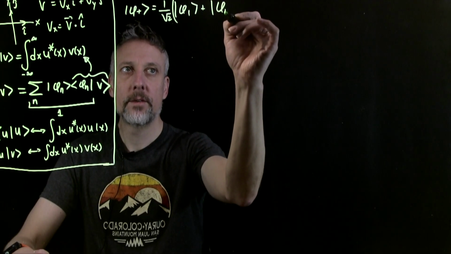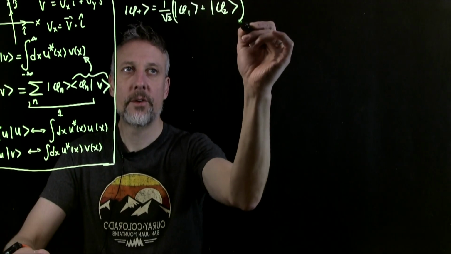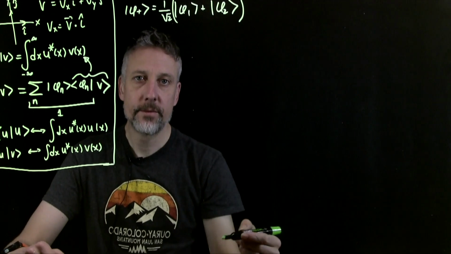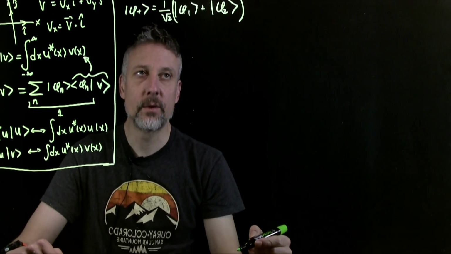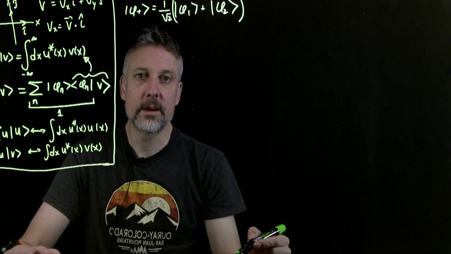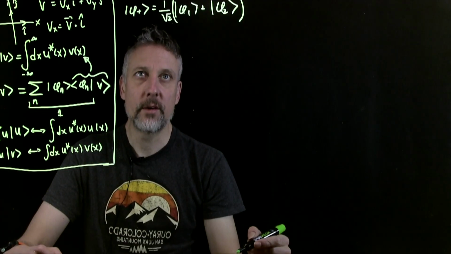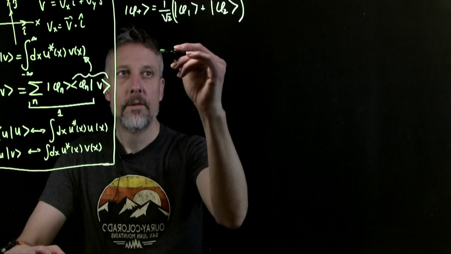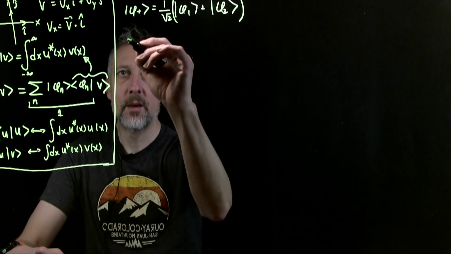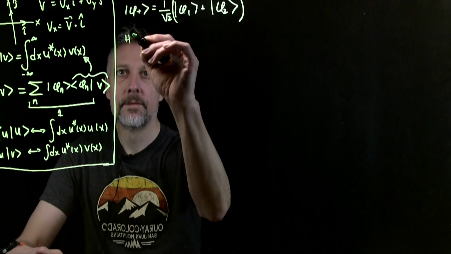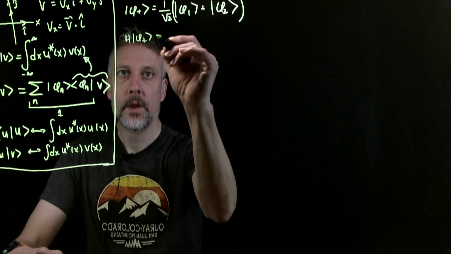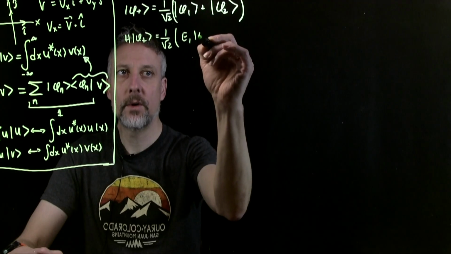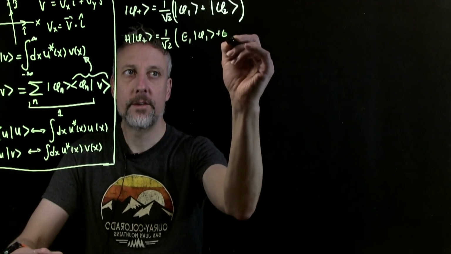And then we also considered a more arbitrary one where we put in a phase in here. One of the sections we did it with a phase, the other one we did with the Mathematica program, which you can all play around with. The point is that when you operate with the Hamiltonian on this, you get 1 over the square root of 2 times the energy of state 1 plus the energy of state 2.